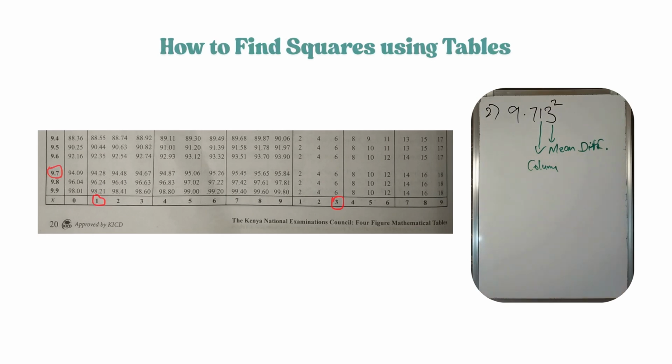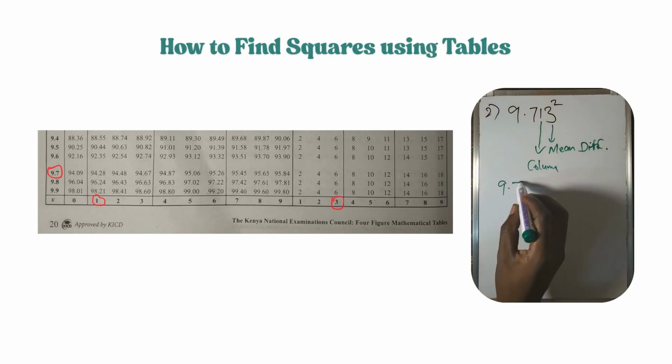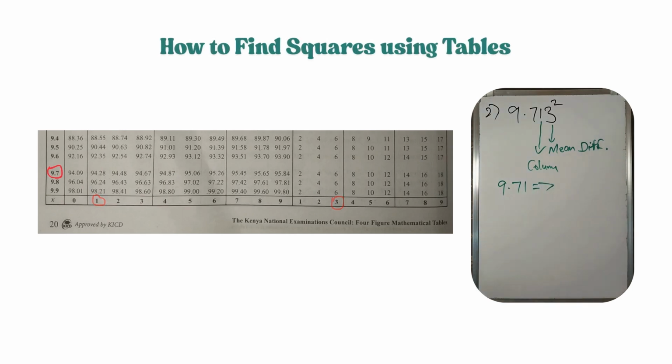Now 9.71 is on page 20. The square of 9.71 gives us 94.28.